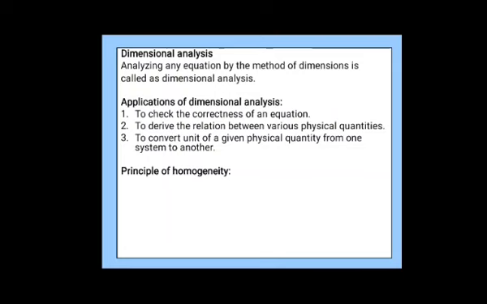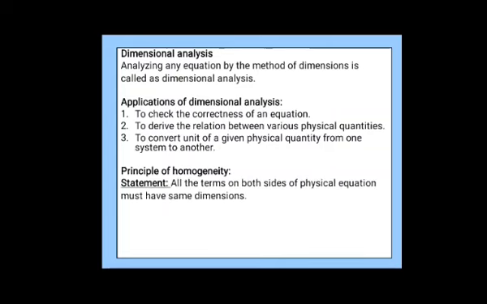To understand it more clearly, that is to check the correctness of an equation with an example, we have to take the help of one principle that is called principle of homogeneity. So what is statement of this principle of homogeneity? Statement is all the terms on both sides of physical equation must have same dimensions.